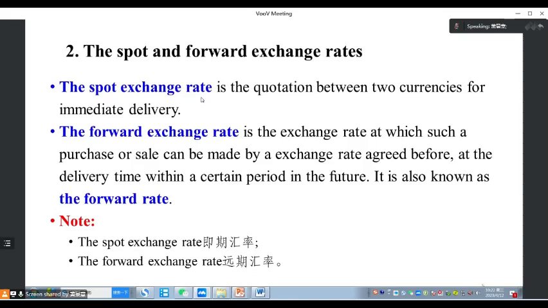Or we can say the spot exchange rate is two currencies delivered at once, or two currencies delivered now.